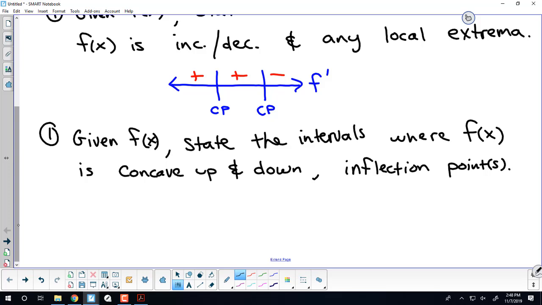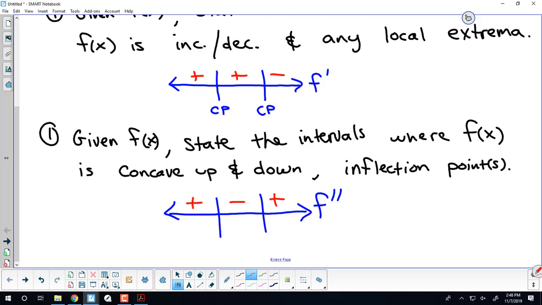Similar situation, but you would use the second derivative for that one, whatever that happens to come out as.